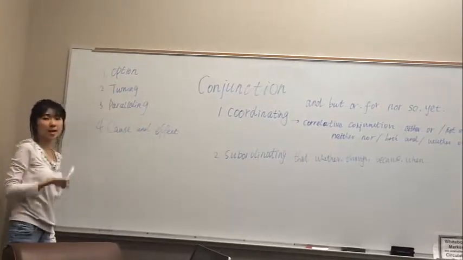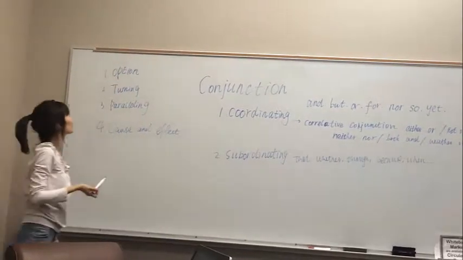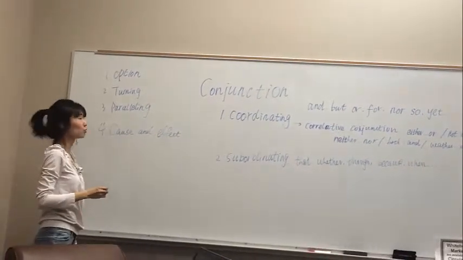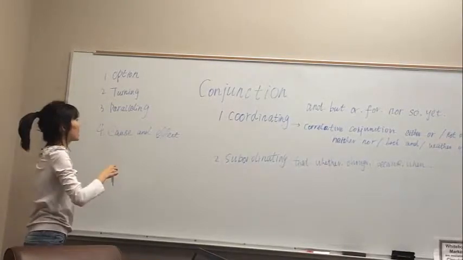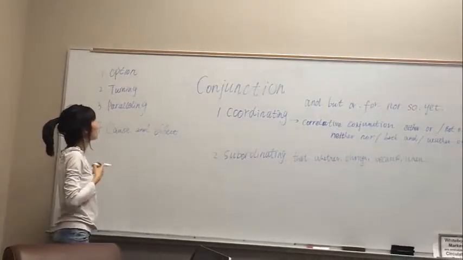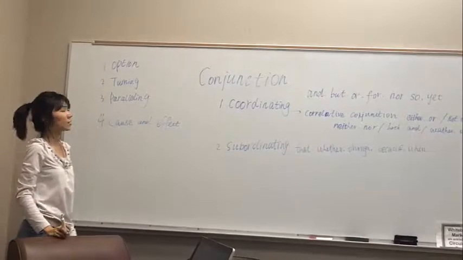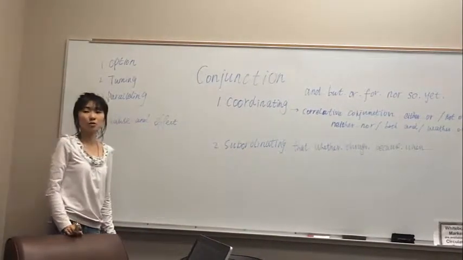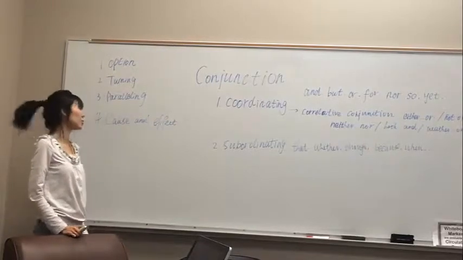Option: we can understand that it usually lets you choose one thing or another. It lets you choose, not both. Like the example I gave before, you can either do your work or prepare the trip.